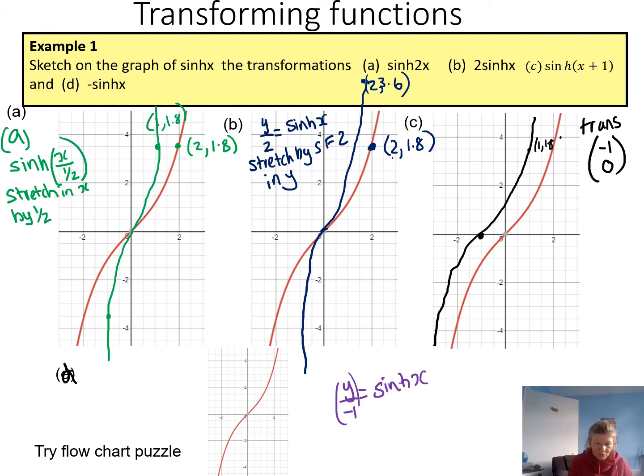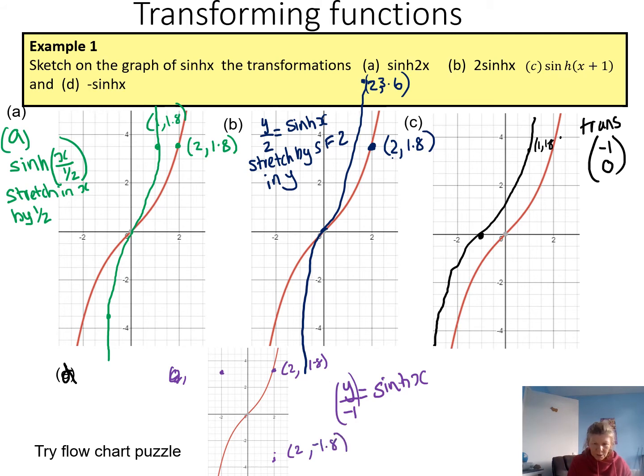So if that again was 2 along, 1.8 up, because the y coordinate has got to change, it would now be 2 along, -1.8.